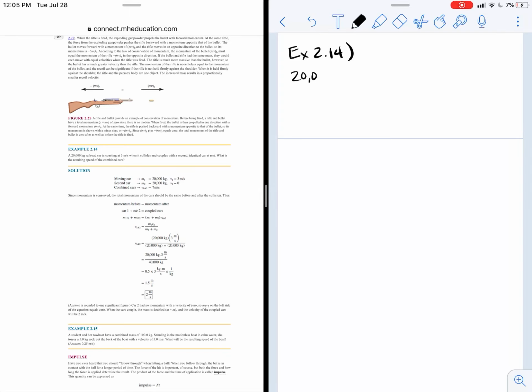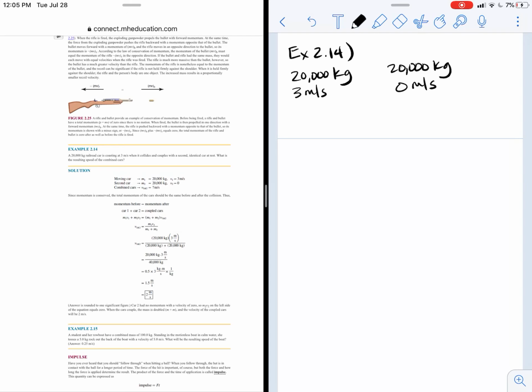So we've got a 20,000 kilogram car coasting at 3 meters per second when it couples with a second identical car at rest. So if it's identical, then that means that it's also 20,000 kilograms. But what is its speed if it's at rest? Well, it's 0. Okay?